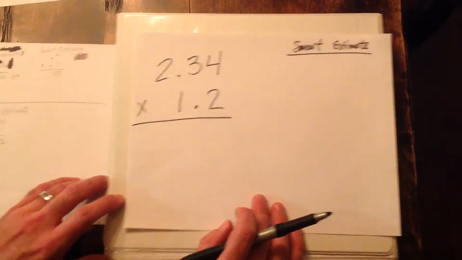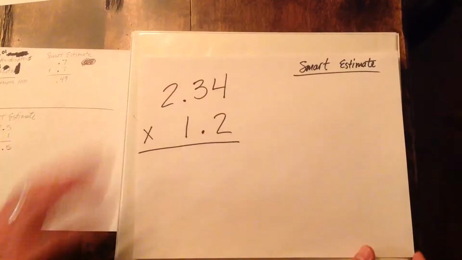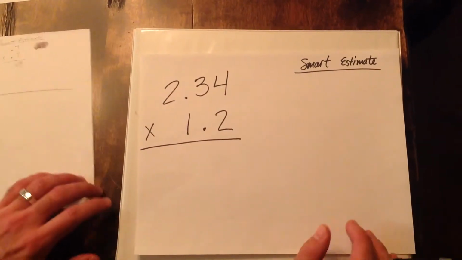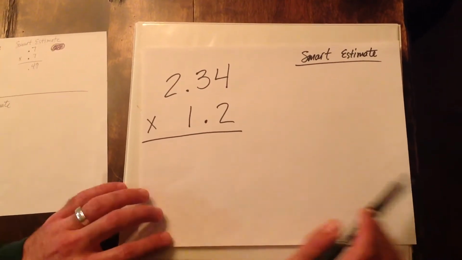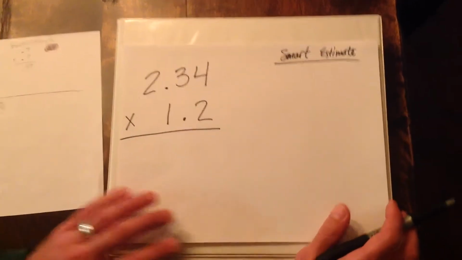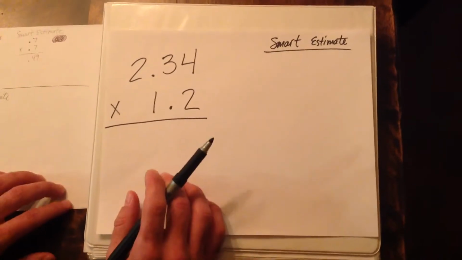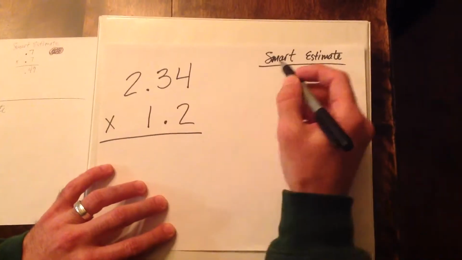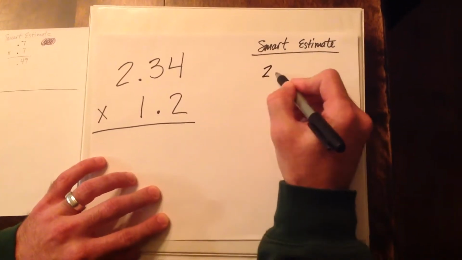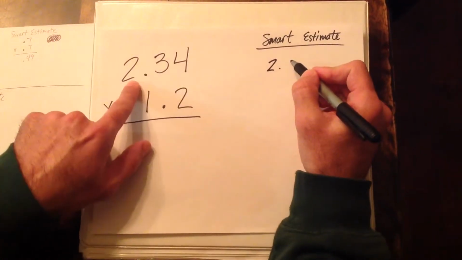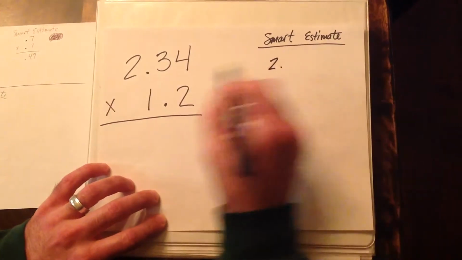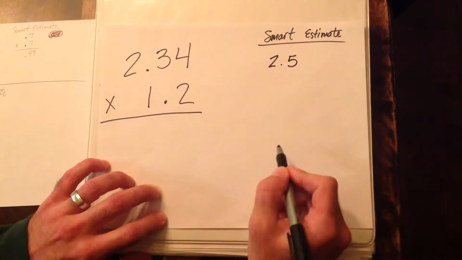Let's try one more. I have a little different number this time. I have 2 and 34 hundredths multiplied by 1 and 2 tenths. Now before I do that, I'm going to make a smart estimate again, because I know that helps me to know where my product is. So first, I'm going to round my number 2 and 34 hundredths up to about 2 and 5 tenths.